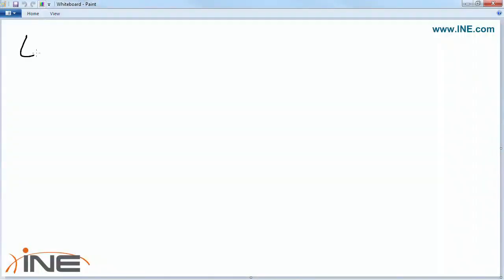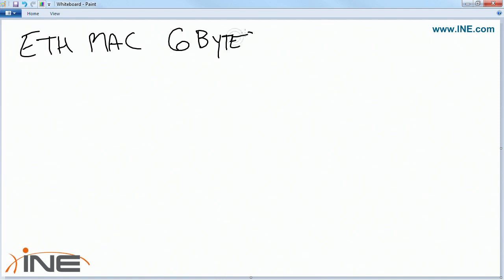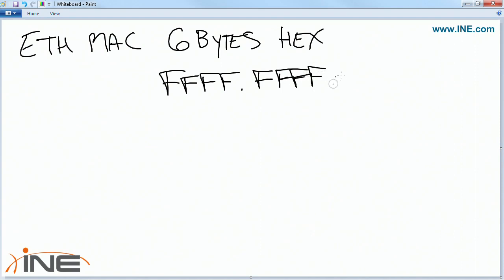So when we compare this to the layer 2 addressing that we were talking about yesterday, for Ethernet MAC addresses, they use the value of all ones for the broadcast, where we have our 6 bytes for a MAC address, and this is in hex formatting. So this means that the all host broadcast at layer 2 is all Fs.